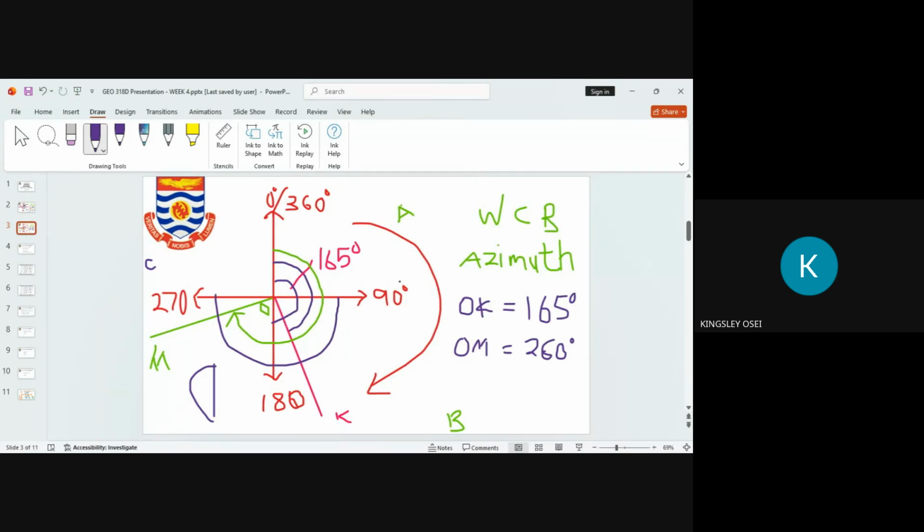Clearly, if you look at the diagram I'm dealing with, from here to here is 90. By the time you get here, it is 180 already. So somebody can decide that this is the angle I want to measure fully, to get 260. But up to this stage, from here all the way to this line, it's 180.